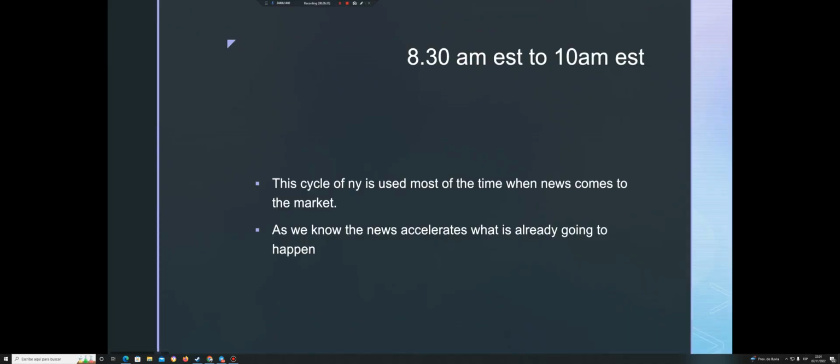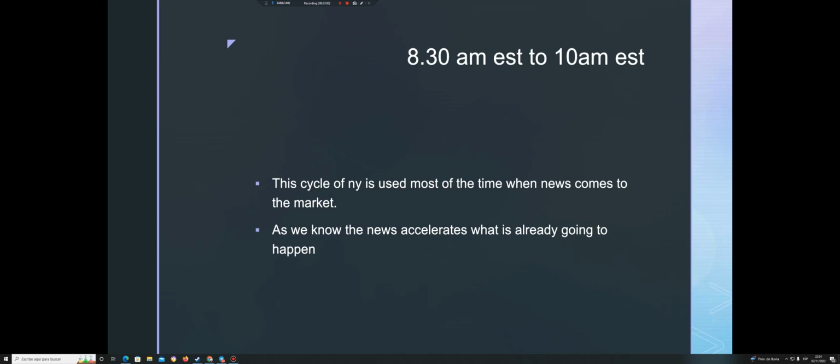So now we go with the second cycle of New York, which is the one from 8:30 EST to 10 EST. This cycle of New York is used most of the time when news comes to the marketplace. As we know, the news accelerates what is already going to happen.